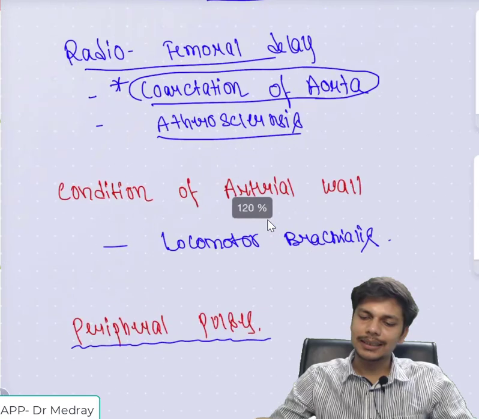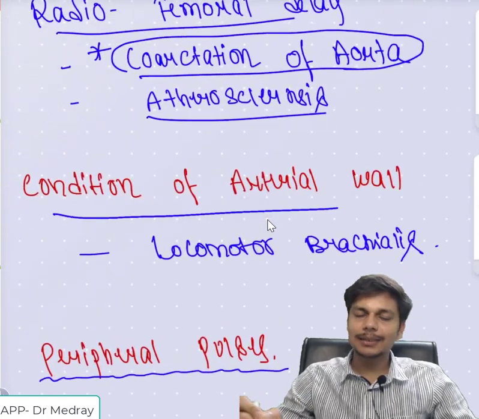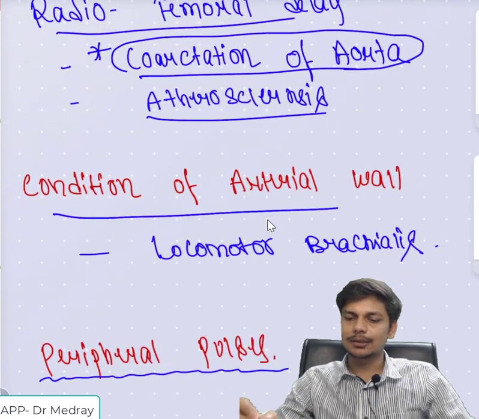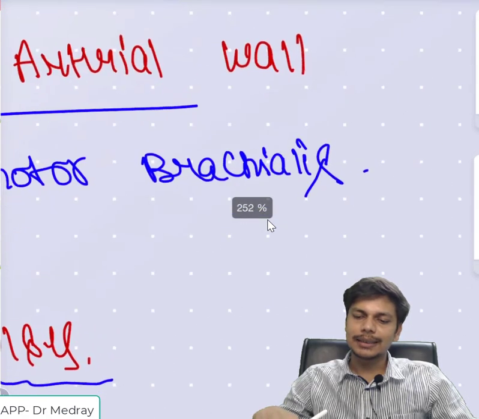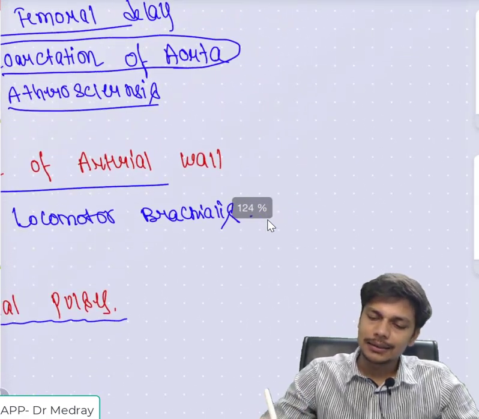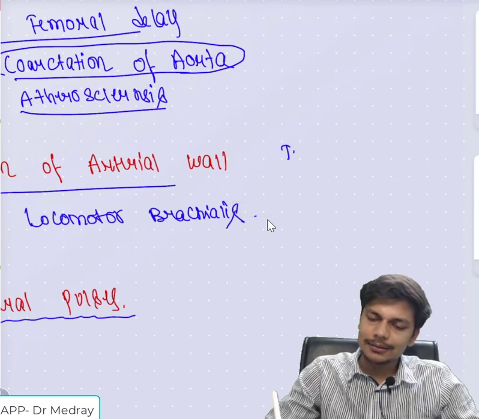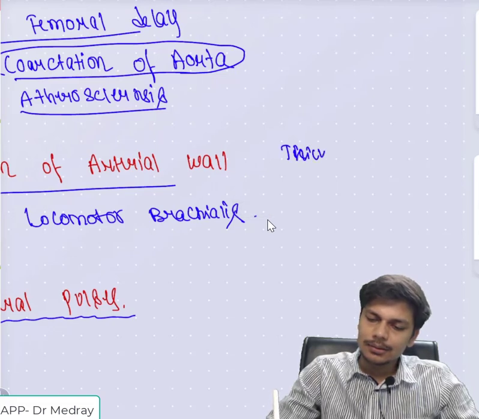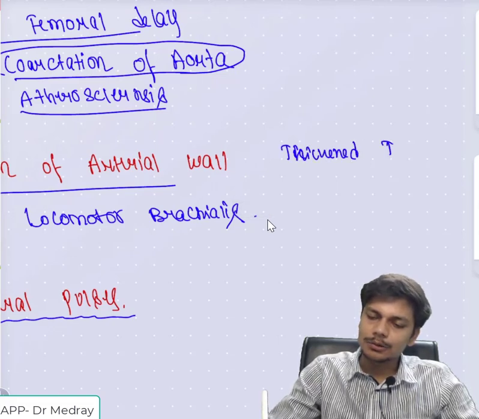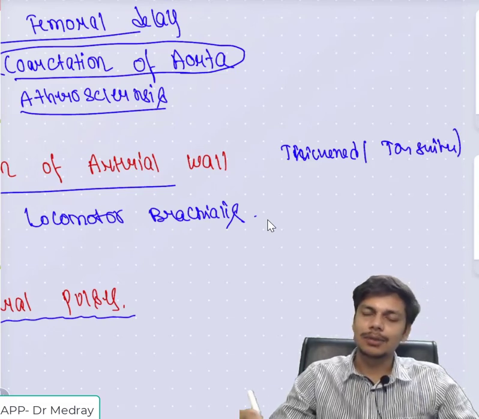So, the condition of the arterial wall. The next important point we look at is the condition of the arterial wall. What we look for is whether the arterial wall is thickened and tortuous.